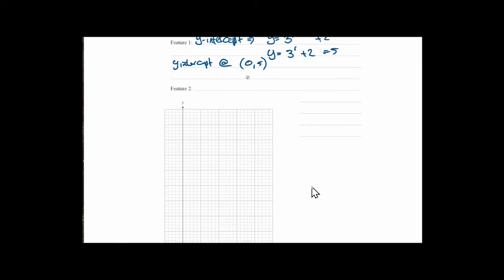Okay, the second feature. The second feature is common of all exponential functions, and that is it's going to have a horizontal asymptote.